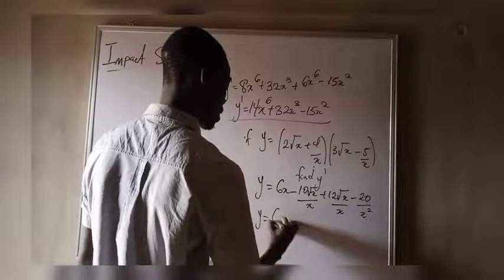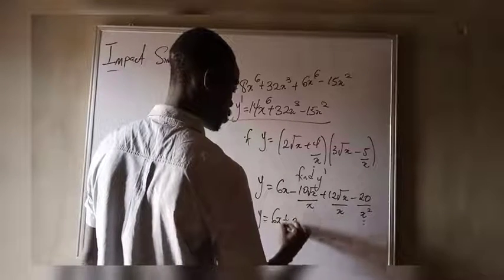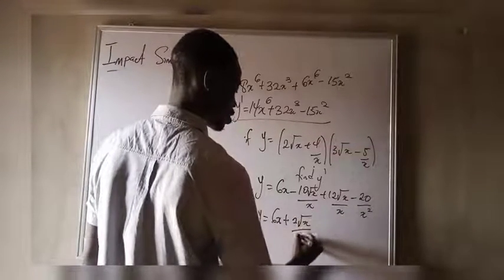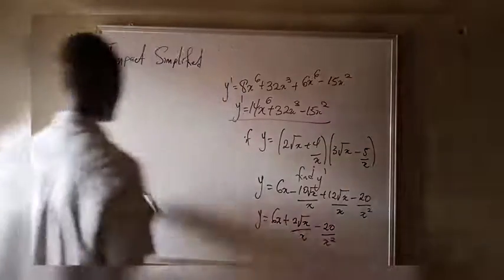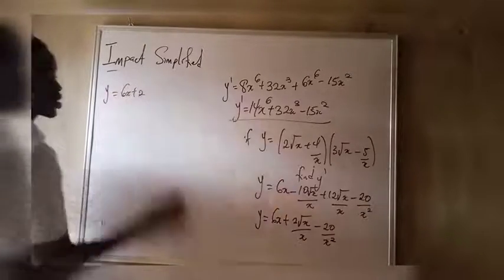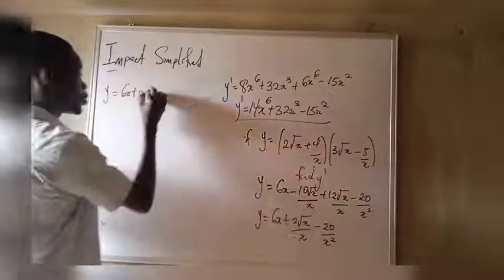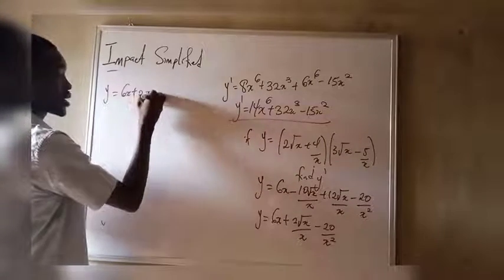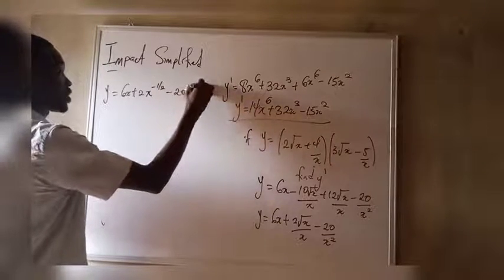And this will give us y is equal to 6x plus 2 root x over x minus 20 over x squared. And from this, we have y is equal to 6x plus 2, and if you solve this very well, half and minus 1, we are going to have x to the power of minus half, minus 20x to the power minus 2.